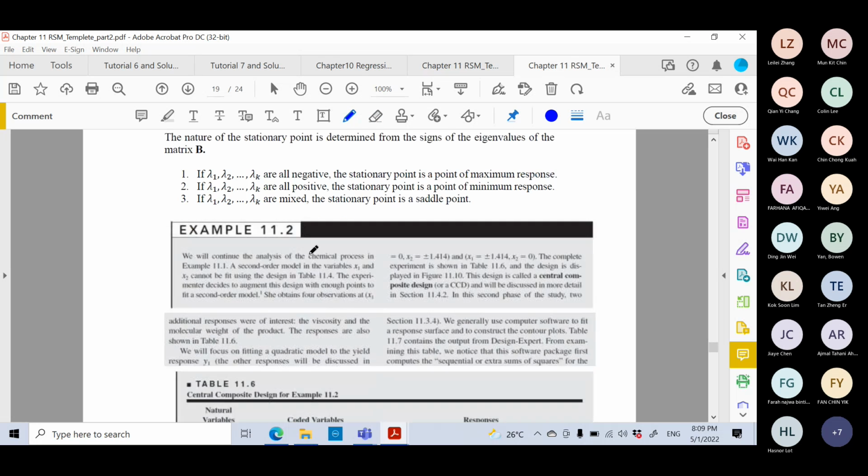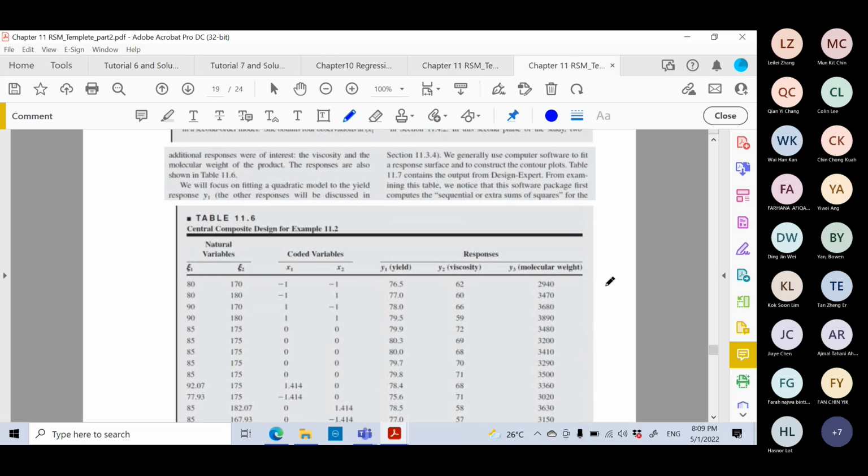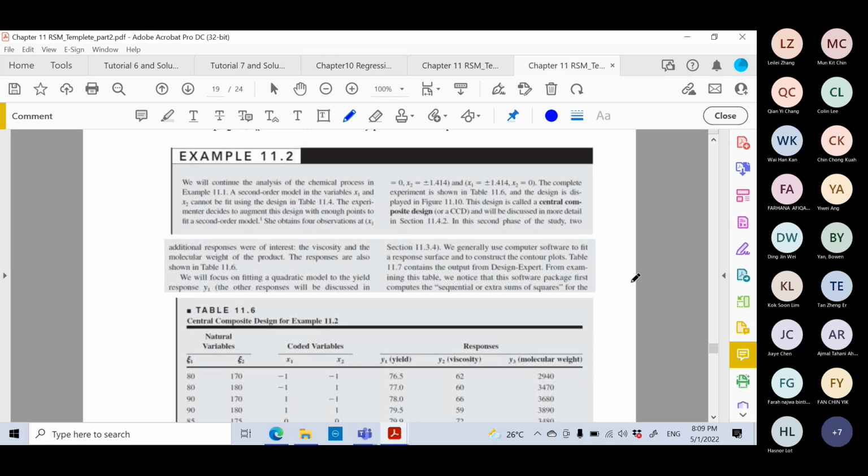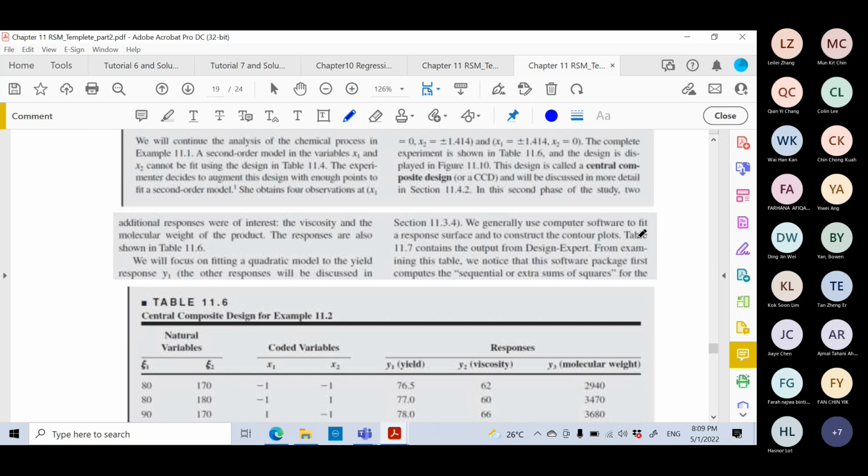Let us go through the following example. Because we want to fit the quadratic effects, we need more points here.